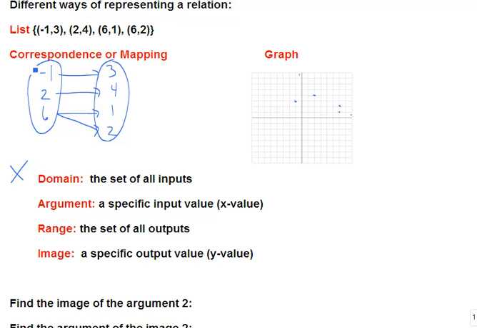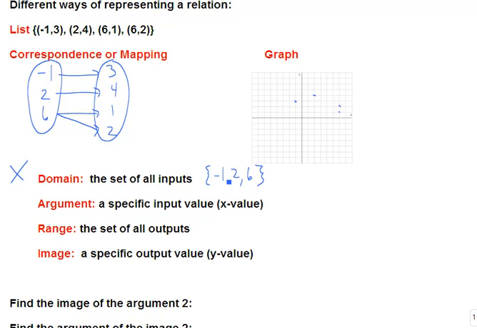In this example, you would write your domain as all the x values that were used, and that's really easy to see from our mapping. We used the x values -1, 2, and 6. So to write this as a domain, we could just write curly braces, -1, comma 2, comma 6, close it with curly braces. So this whole set would be considered your domain.